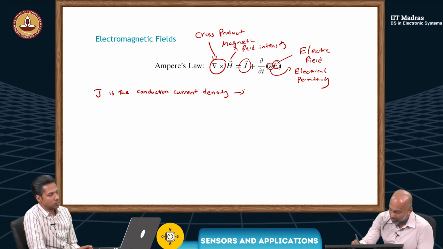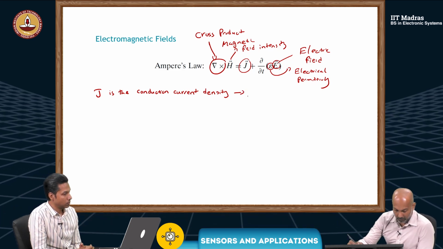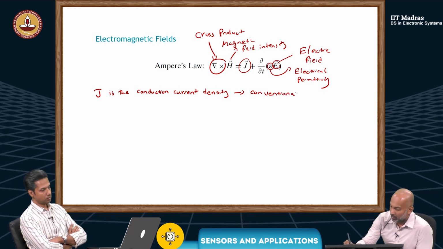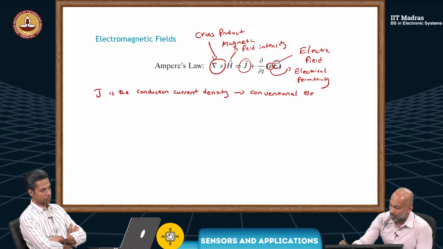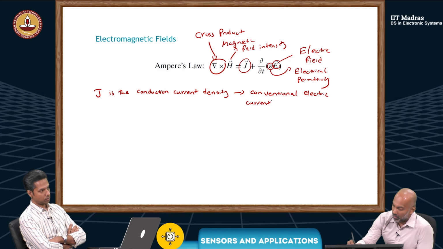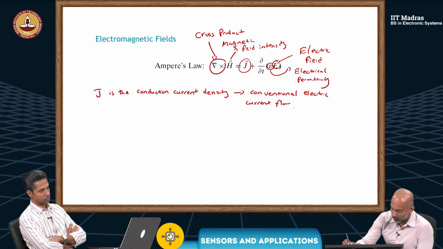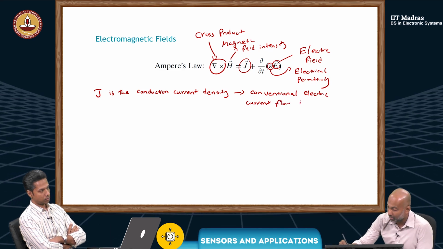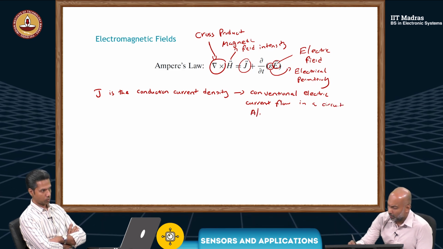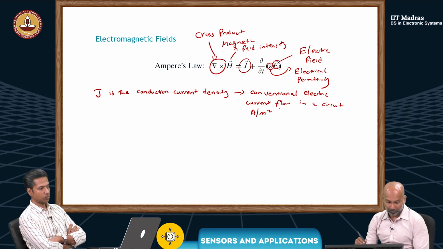And this obviously relates to the conventional electric current flow in a circuit, in ampere per meter squared, correct? Okay.